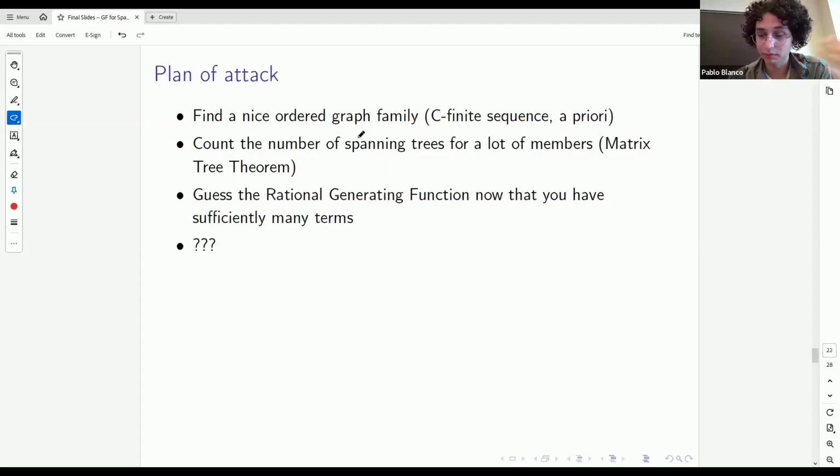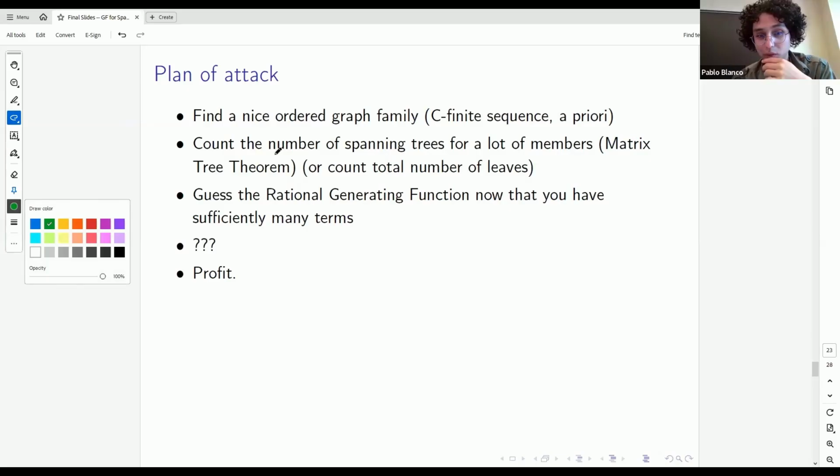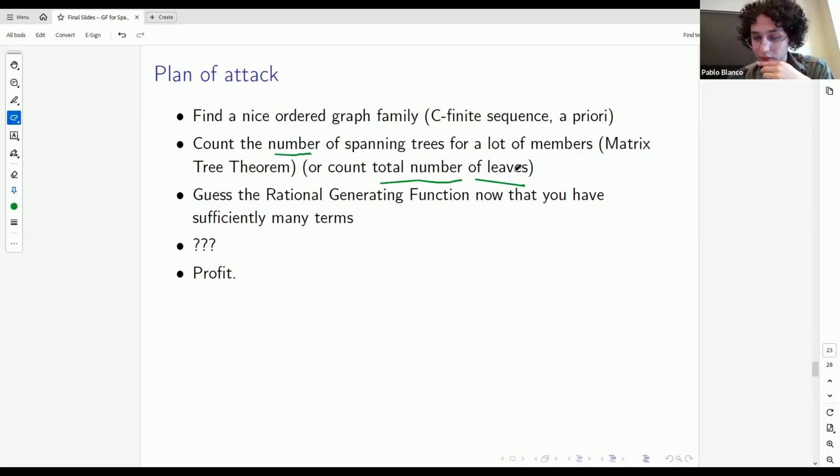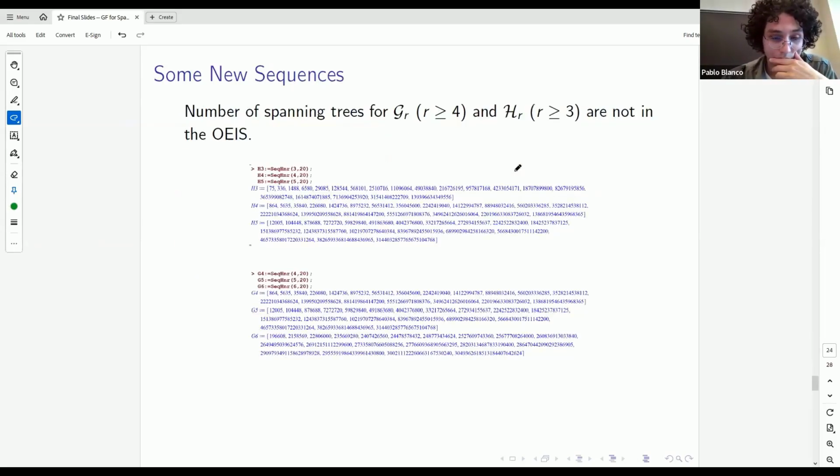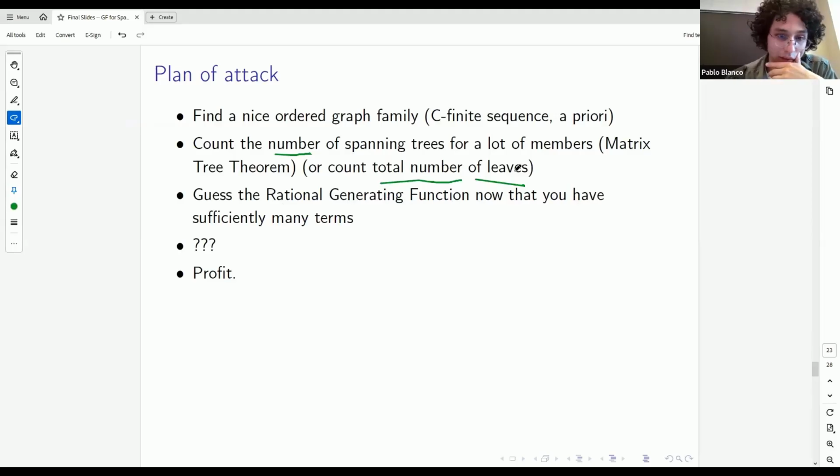Because it's rational, you can just fit your data. Now, we actually didn't only count the number of spanning trees, we also counted the total number of leaves in a graph, and even looked at the ratio between them. So that's what we did.